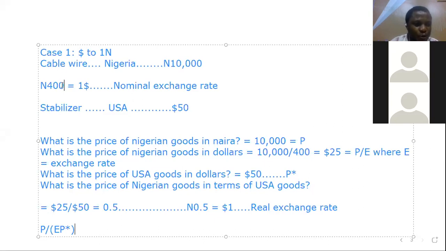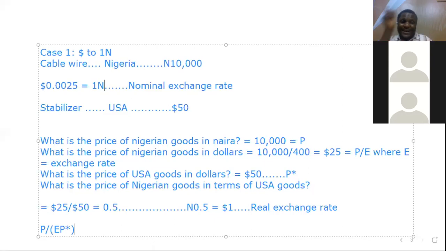The exchange rate will no longer be 400 naira to $1. It will now be $0.0025 to 1 naira. That is 1/400. That's our nominal exchange rate.